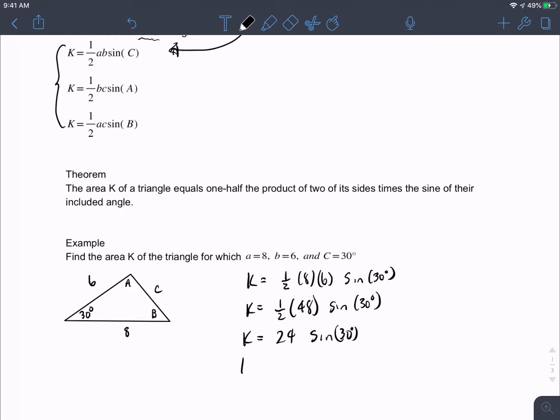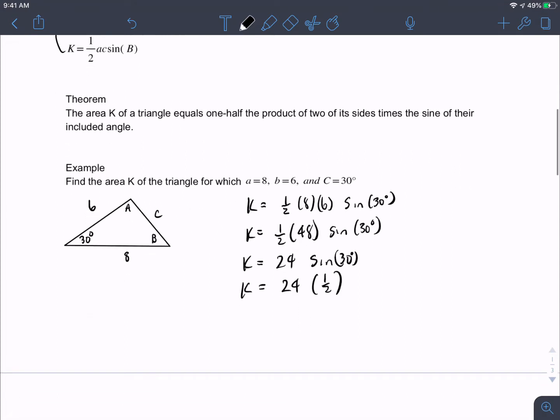But we know that sine of 30 degrees, because we know our unit circle, is 1/2. And so we're going to get a K of 12, and we have to remember they're square units. We don't know what the units were here, but we do know the area is always a squared unit.